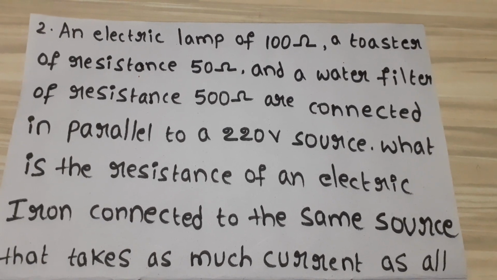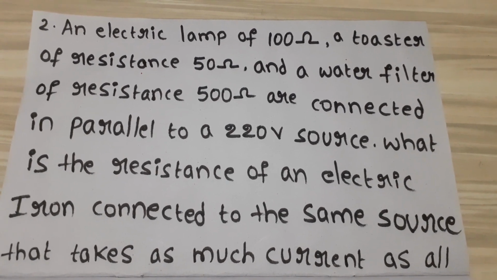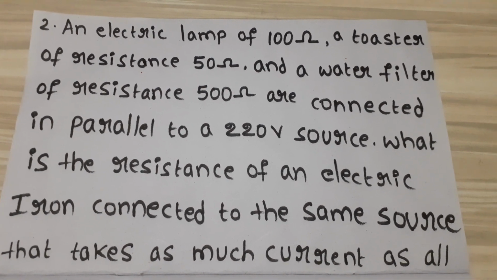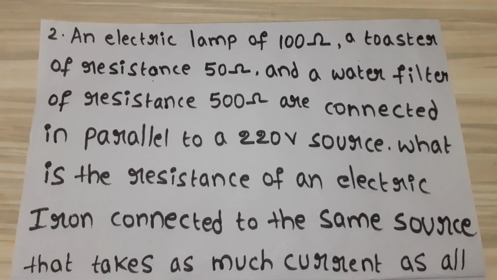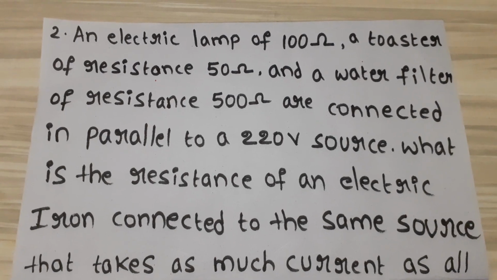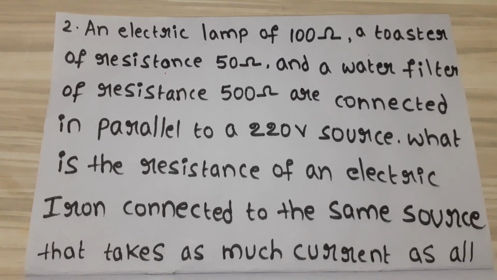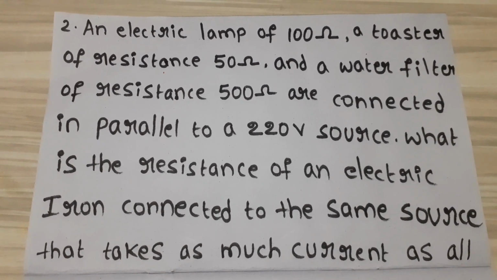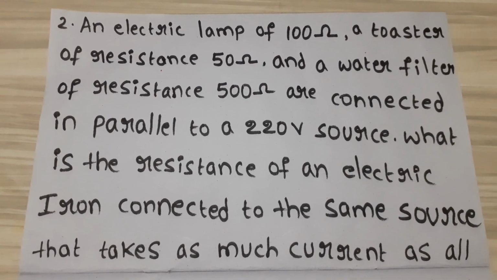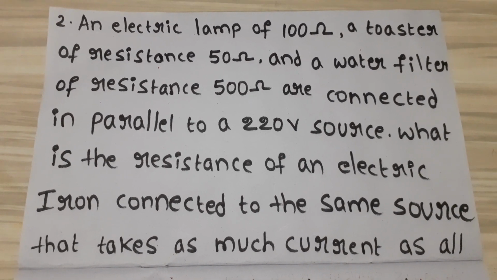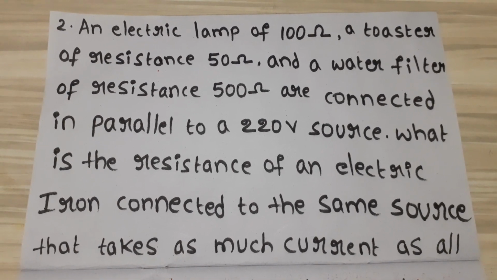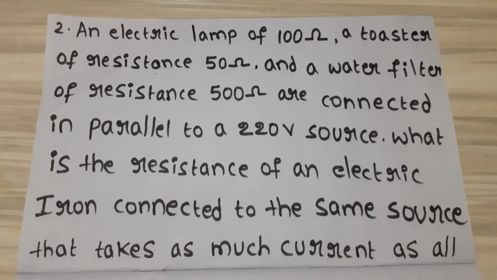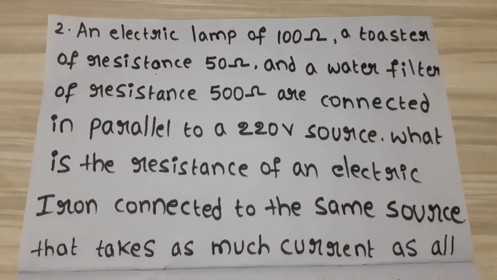So open NCERT textbook page number 216, question number 2. In question number 2, it is given that an electric lamp of 100 ohms, a toaster of resistance 50 ohms and a water filter of resistance 500 ohms are connected in parallel to the 220 volt source.